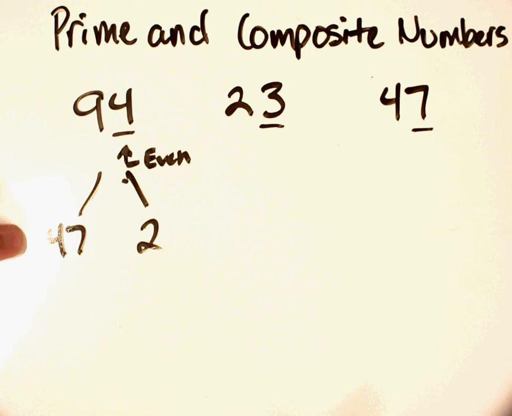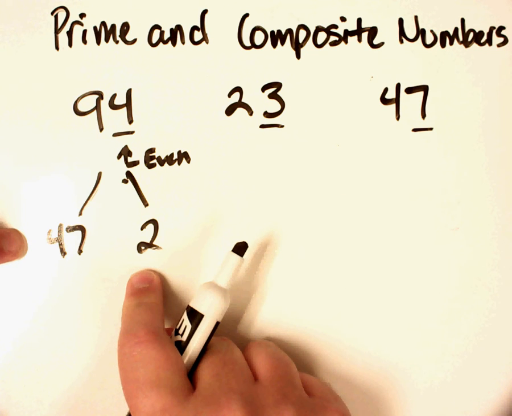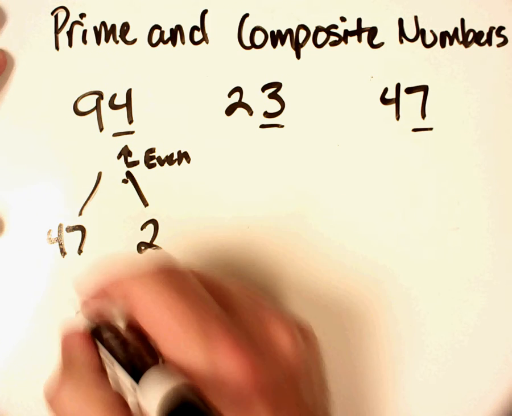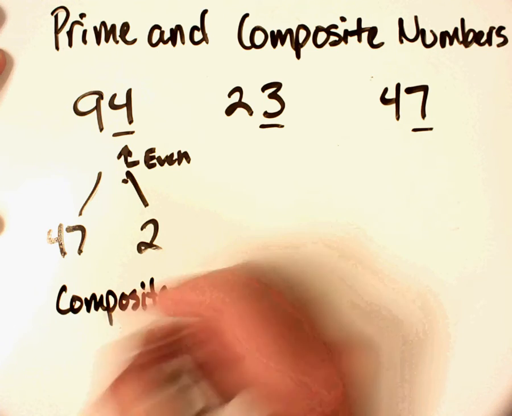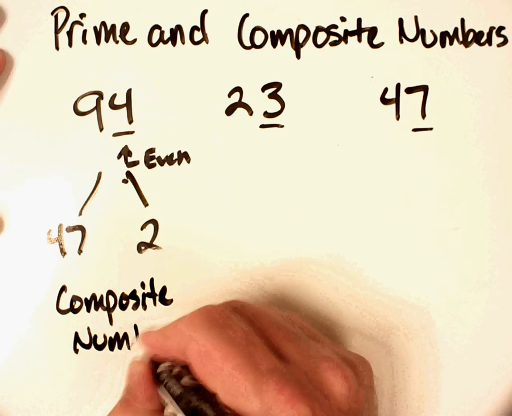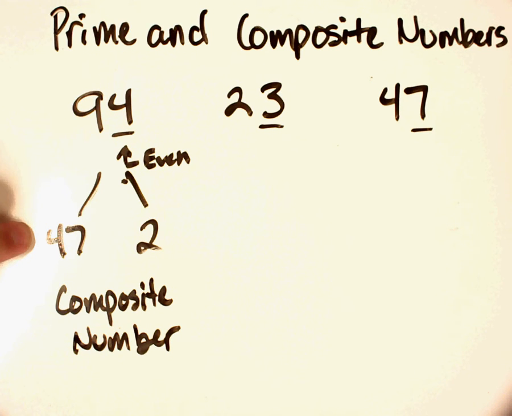That's interesting because I got 47 over here. So let's hold off on that. But I know, since I can factor out a 2, that this has to be a composite number. Now, I don't have to go any further with my factoring here. If I'm just trying to decide whether or not it's a prime number or a composite number, this tells me that it is.